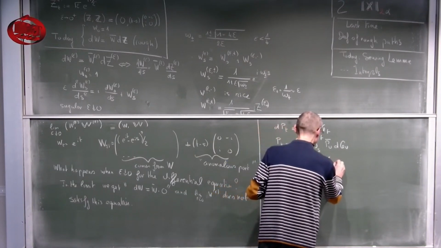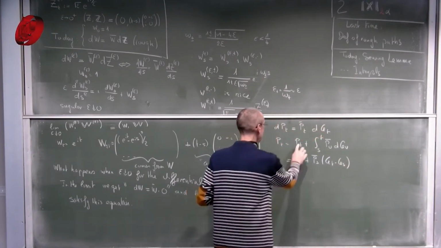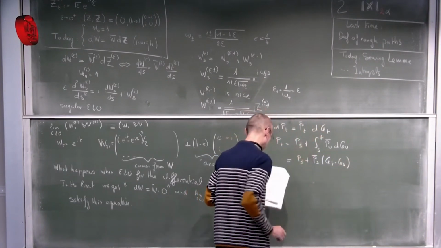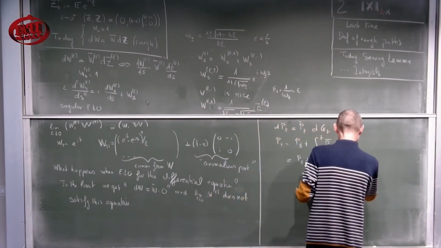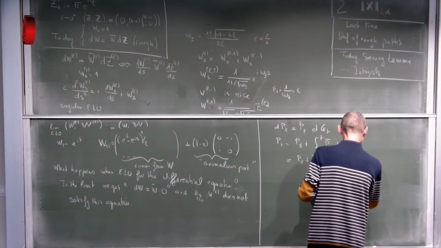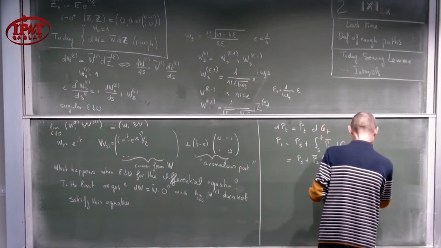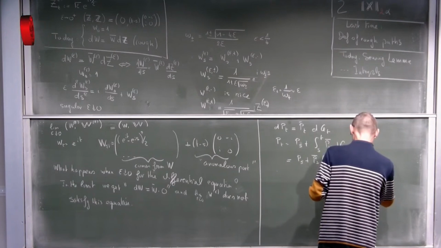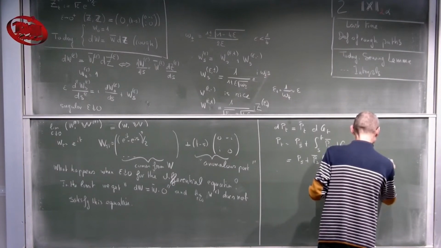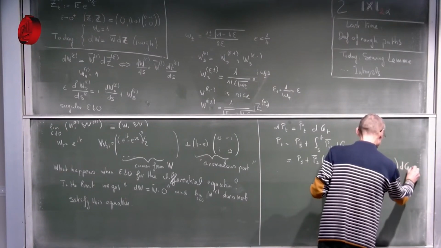I'm sorry? The one Pt just above is Ps. Yes, thank you. And then, if you are naive, what you get is, as usual, I'm just repeating things I already told you, the integral from s to u of Pv dQ bar v dQu.